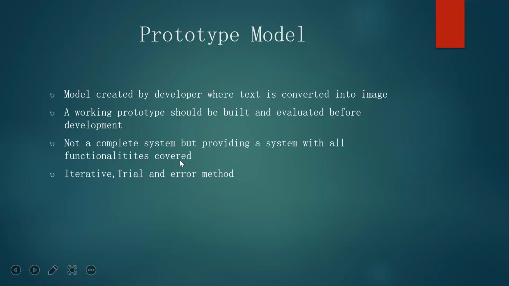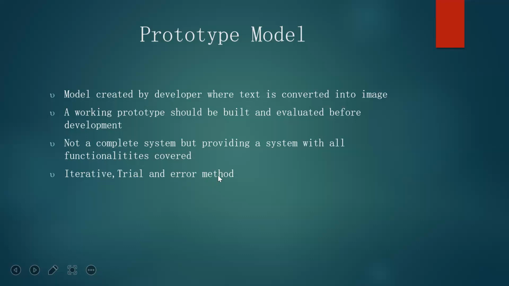Based on the prototype developed, the client will give feedback, and based on the feedback we'll update the prototype and share it with them, and again they'll give updated feedback. So this is completely an iterative model. That's why this is also an iterative model.